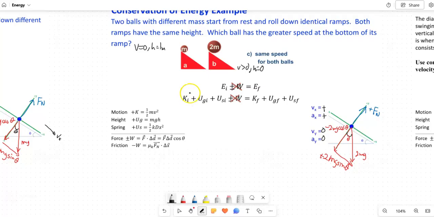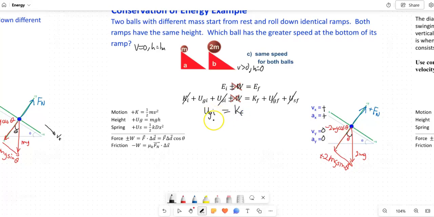So is it moving in the beginning? No. Is it a height off the ground? Yes. Is a spring touching it? No. In the end, is it moving? Yes. Is it height off the ground? No. Is a compressed or stretched spring touching it? No. So here we got U_G initial equals K final.